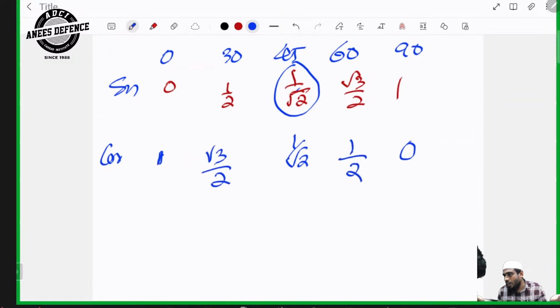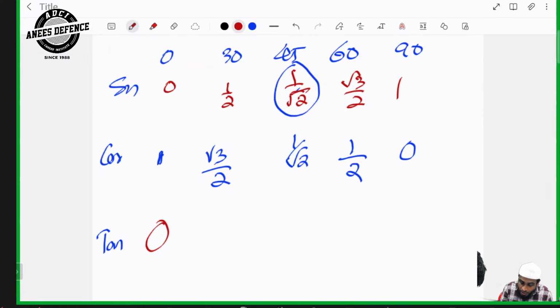Done. Sin cos theta. Now I told you that tan is actually sin by cos. 0 by 1 is 0. What is 1 by 2 by root 3 by 2?